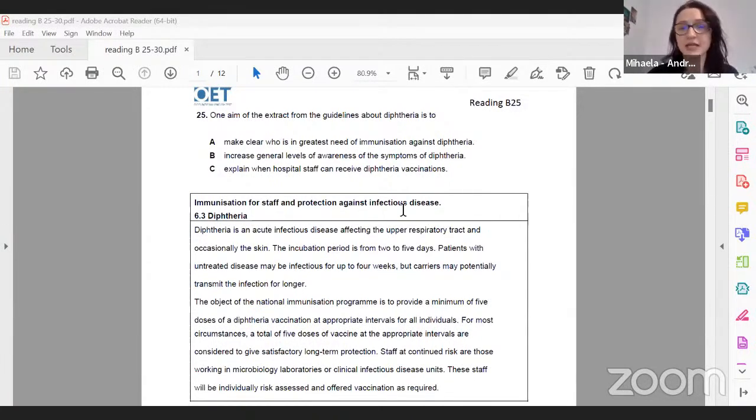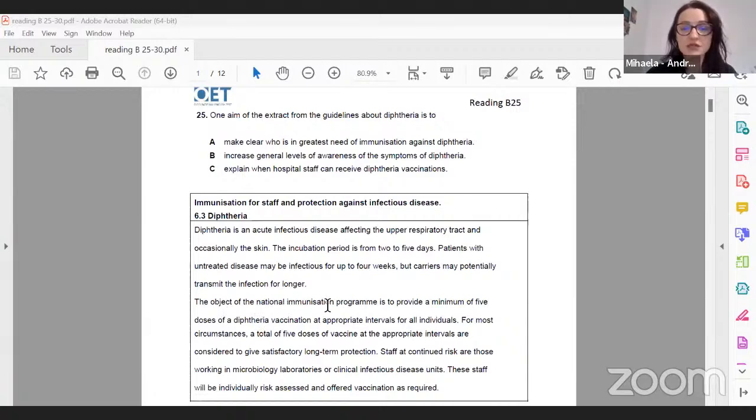Immunization, staff protection against infectious disease. Diphtheria, acute infection affecting upper respiratory tract, occasionally skin. Incubation period, 2 to 5 days. Patients, untreated disease may be infectious up to 4 weeks. Carriers potentially transmit infection longer.